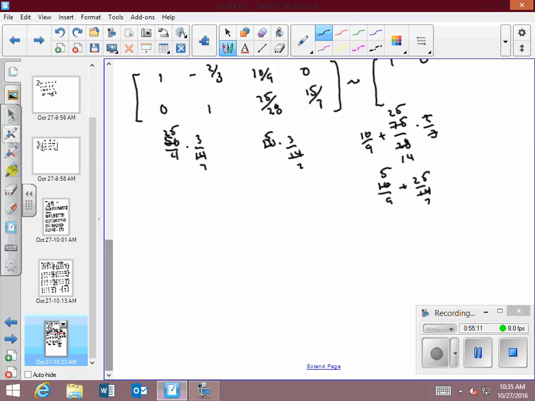Oh, we gotta get a common denominator. No, I did this wrong. Don't look at that. Because I can't divide across the addition sign. The common denominators, this has to be multiplied by 14 over 14 and 9 over 9, right?